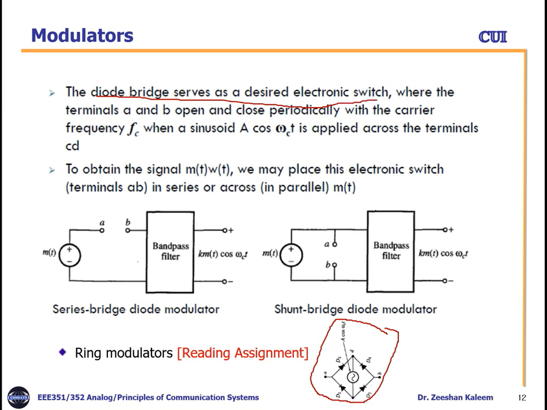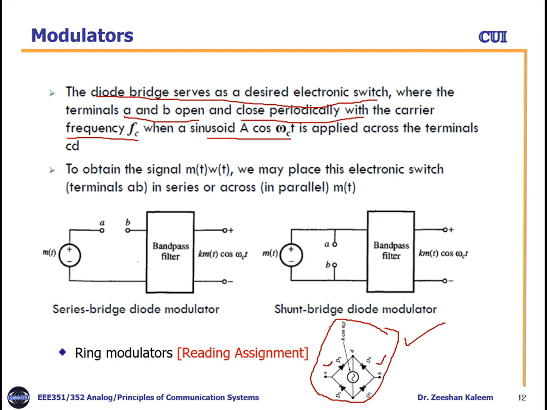As we mentioned, the only purpose of this switch is to turn on and off, where terminals A and B open and close periodically with the carrier frequency ωc. When we apply a sinusoid, A cos ωct, across the terminals CD, it results in opening or closing the terminals A and B.